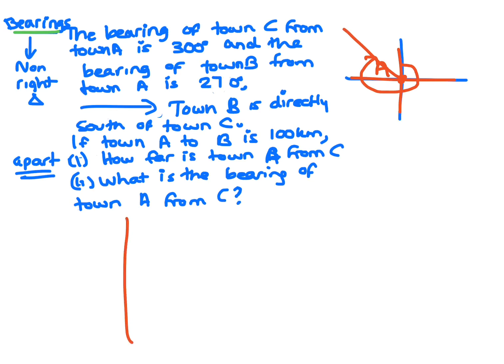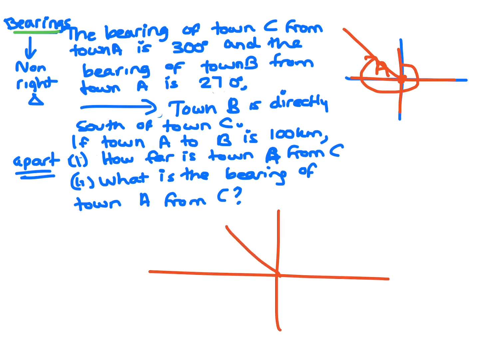I might want to redraw my diagram so I can fit this in. So there's A, there's C, all the way around 300. That means this would be 60, because that's 360, so that would be 30. I don't know yet how that's going to help me, but we'll keep going with it.